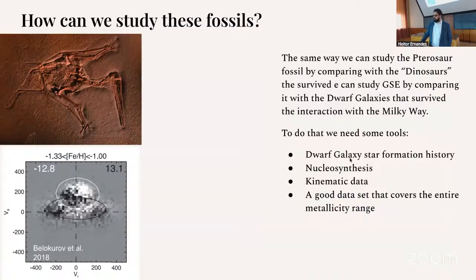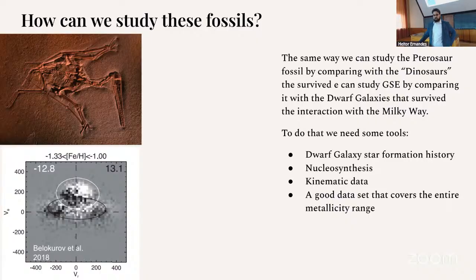So we need knowledge of dwarf galaxies and their star formation history. We need some knowledge of nucleosynthesis to interpret what I see in the abundance space. We need, of course, kinematic data to resolve the population in the first place. And we need a good data set, and also some completeness of the object that we want to analyze.